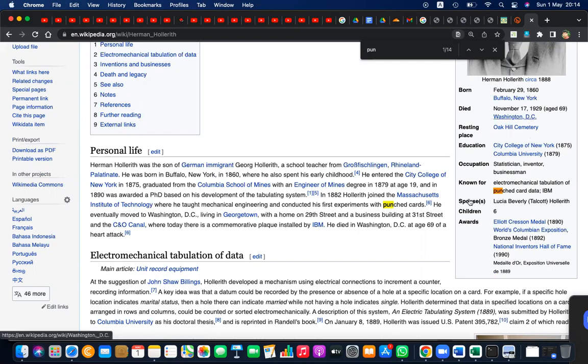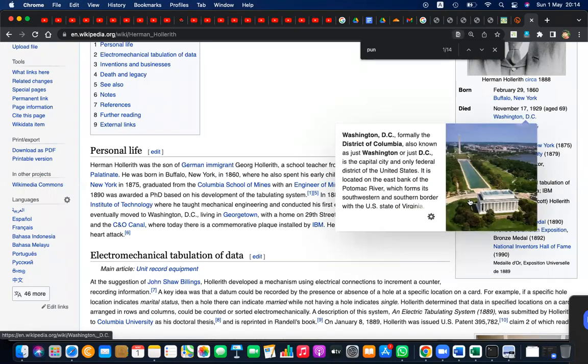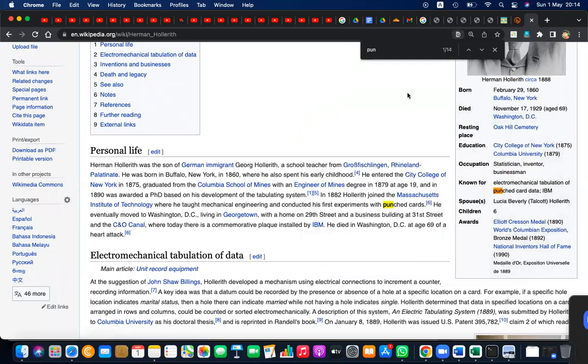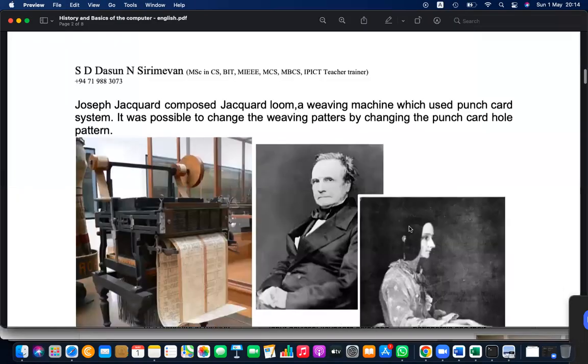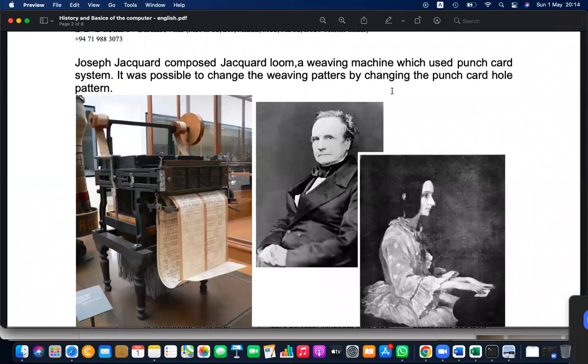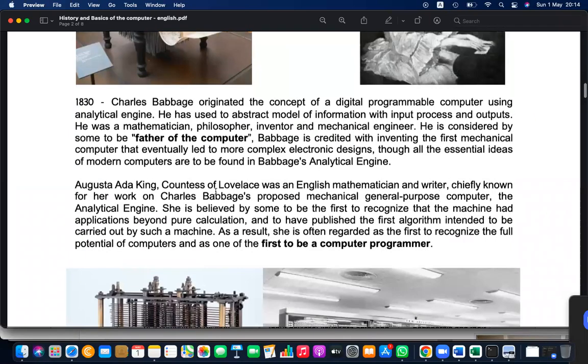His experiment was with punch card, so he's considered the inventor, but think about the years. Then Joseph Jacquard, for the Jacquard Loom also he has used punch card.